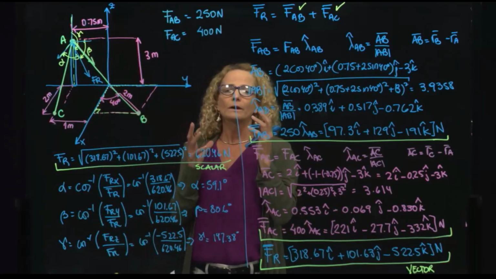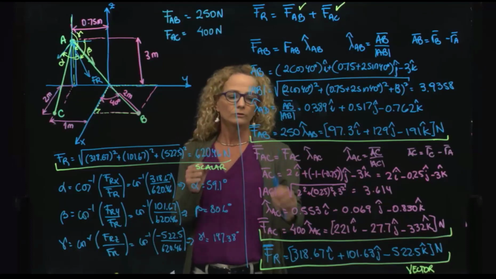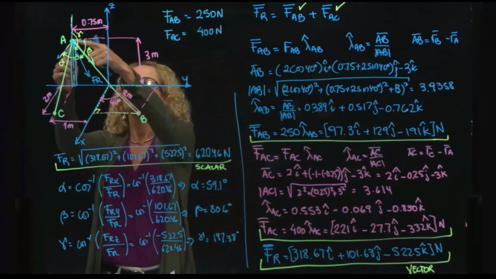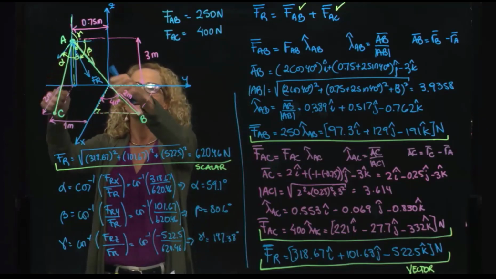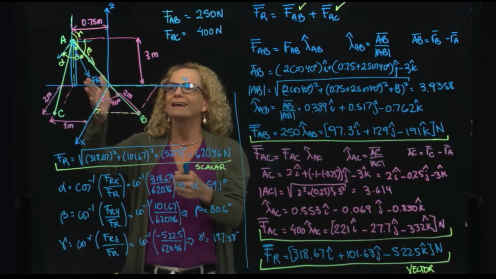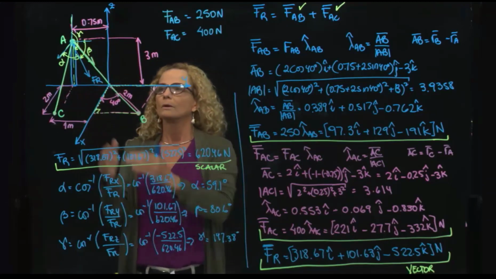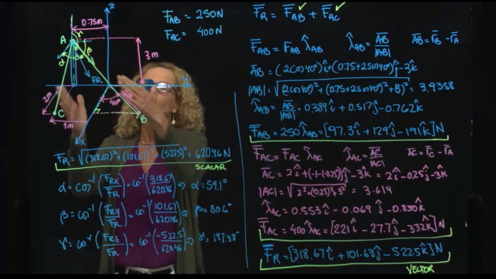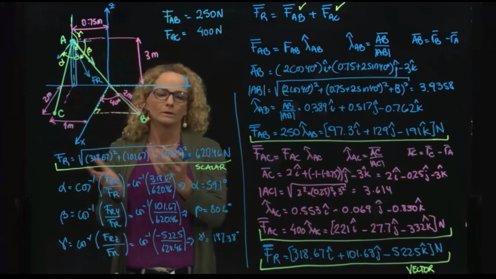It is always very important to check the values that you are getting to see if they make sense. So if we have two forces, right, those cables are pulling that pole, the resultant force has to lie in the middle of those two forces, because it's a result. I am adding those two vectors, and I have to get something that is in between those two vectors.